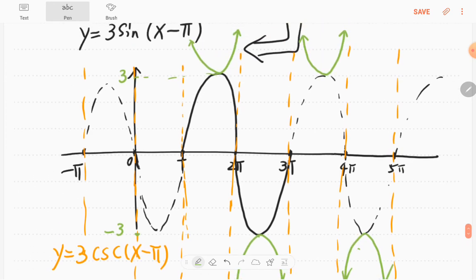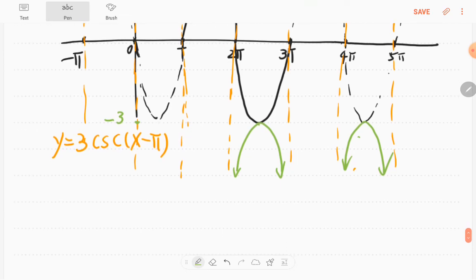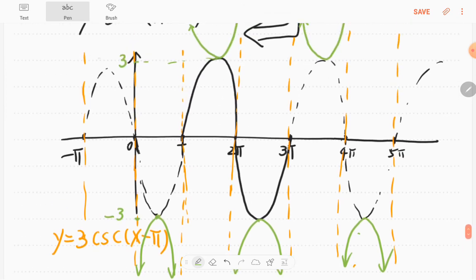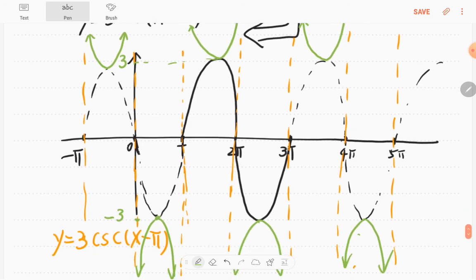So always draw the graph for the sine first. We have learned how to draw the graph for sine. The green curve is the graph for the cosecant of x minus pi.